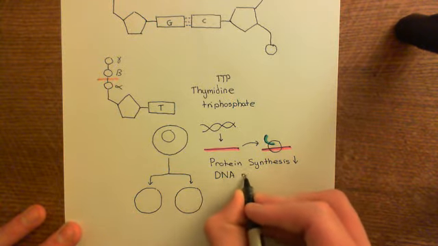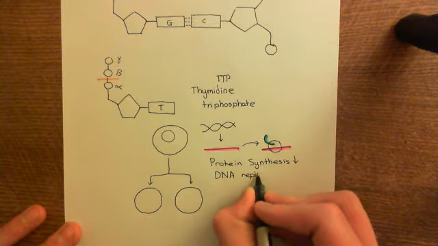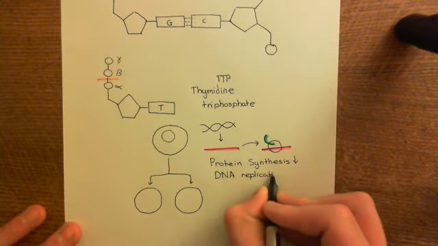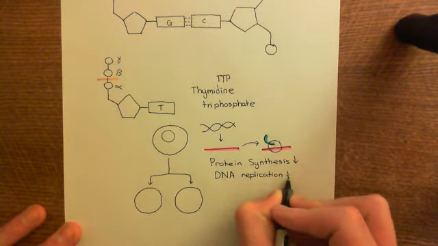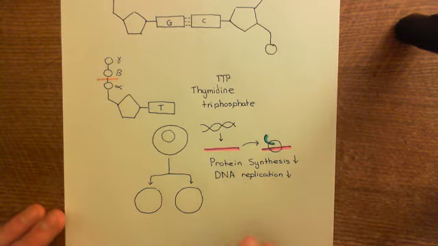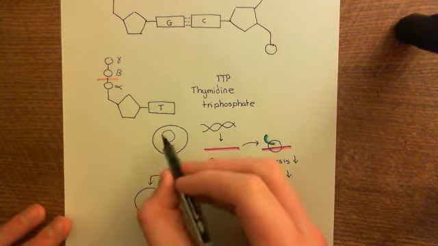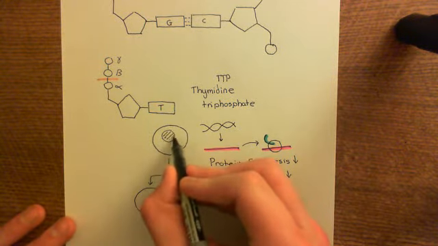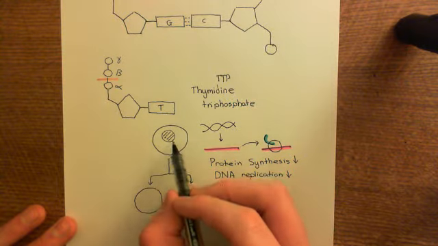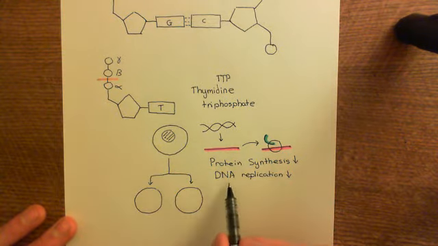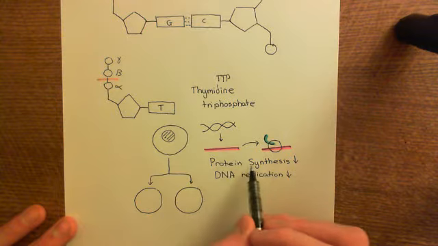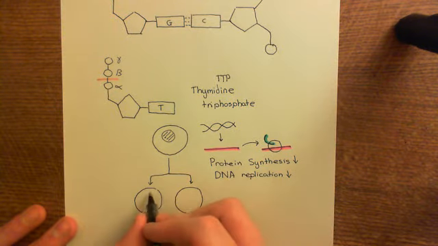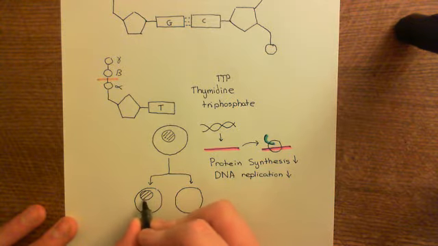So these two processes, protein synthesis and DNA replication, are absolutely essential for cells which are wanting to divide, basically. So in order to divide from one cell to two cells, you need to divide the genome, which this drug is going to stop you from being able to do, and you also need to copy all of the proteins. So, you know, all of the essential proteins for life, they need to be duplicated.